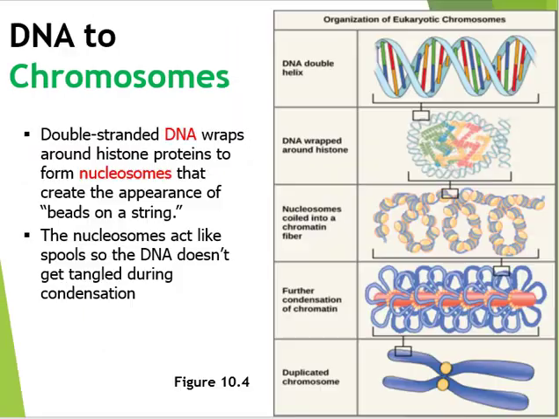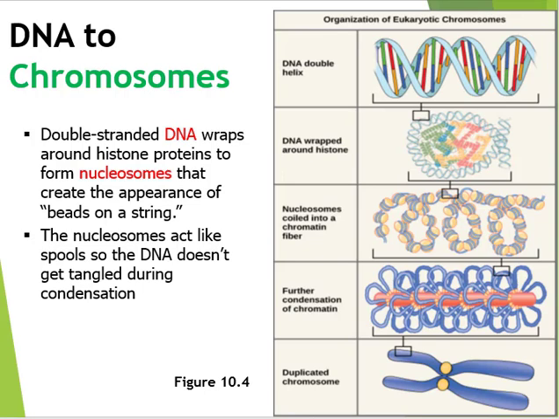So in your ebook, you have a little different way of looking at this process. They've set it up in figure 10.4 as a table. So you've got your double-stranded DNA up at the top, and you can go to the next block down where it says DNA is wrapped around the histone. So you start to see that coiling process.